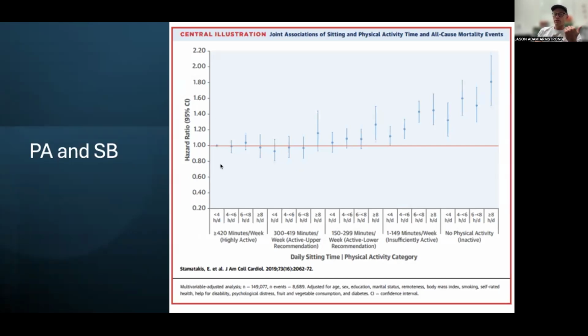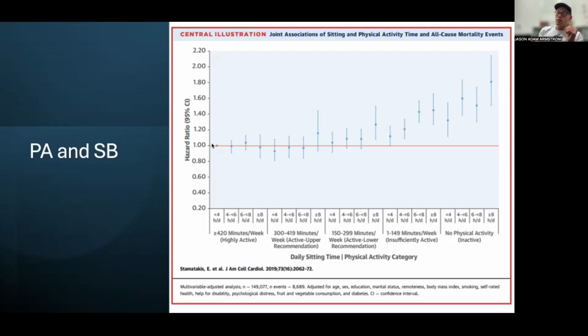So that's my risk for death, right? A hazard ratio of 1 indicates everyone has a certain level of risk for death. And in this paper, they used people who were getting less than 4 hours of sedentary behavior every day and greater than or equal to 420 minutes a week of physical activity. And that was your reference group.